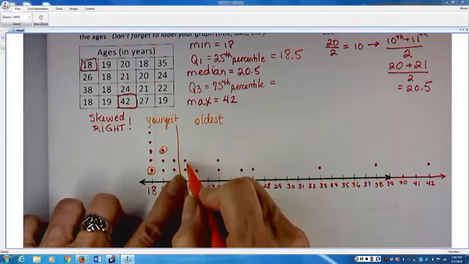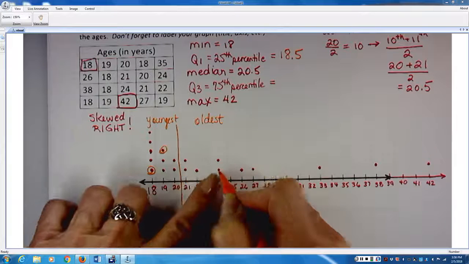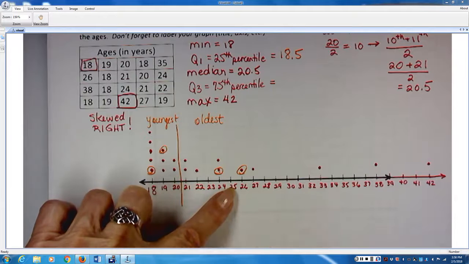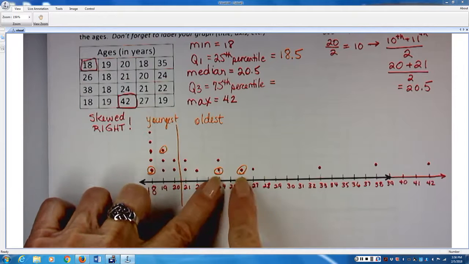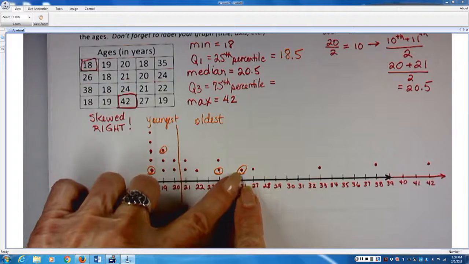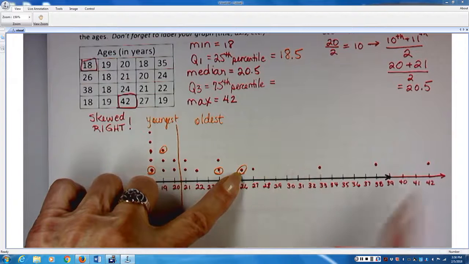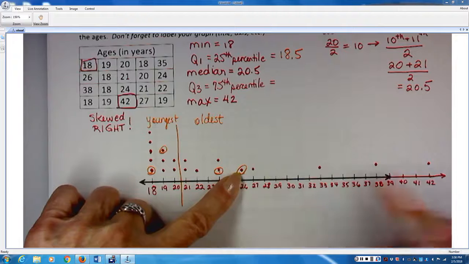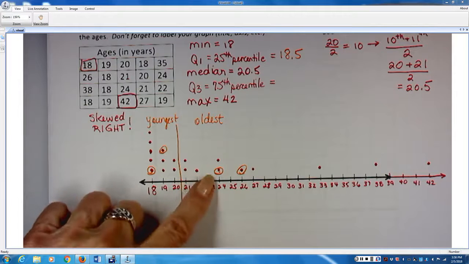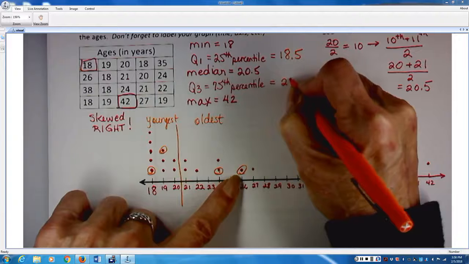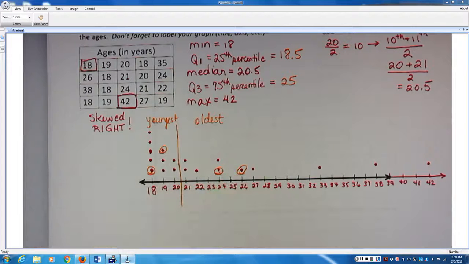So here's 1, 2, 3, 4, 5, 6. So for these two students, there are 4 younger, 4 older than the upper one. And halfway between 24 and 26 is 25.